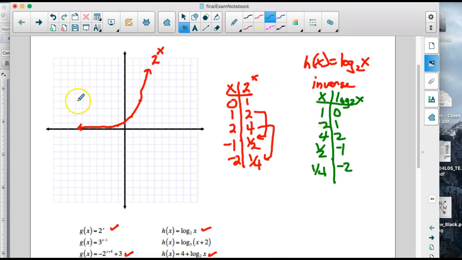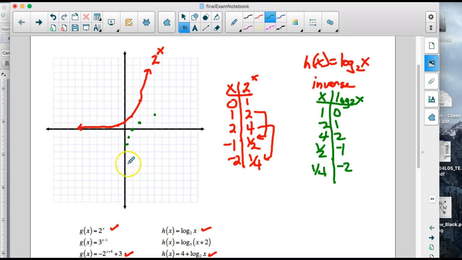So this one has an asymptote on the y-axis, so it's going to get close to the y-axis because this value right here is 1/4, -2, so it's going to go down to here, and then we'll have the value at 1/2, -1 here, and then it crosses right here at 1, 0, and then it's 2, 1, and 4, 2.